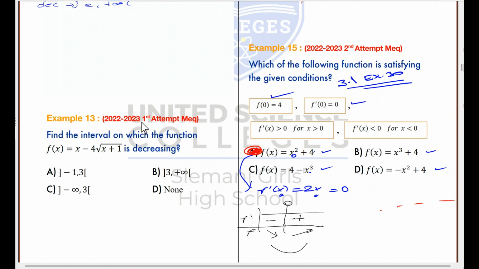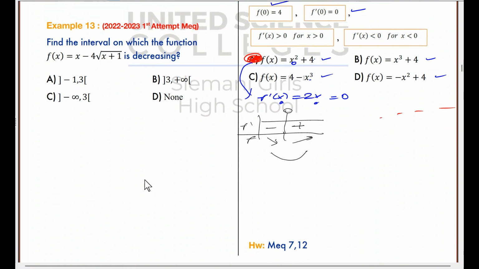Another example question, a ministry question, a new one, 2023 first attempt. Can I make a graph here? If I make a graph, it's pretty easy, but I'm afraid I cannot. If I had only x plus 1 under the radical, I would do that, but there is x also here. So let's take a derivative then.